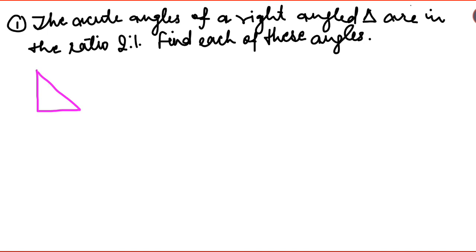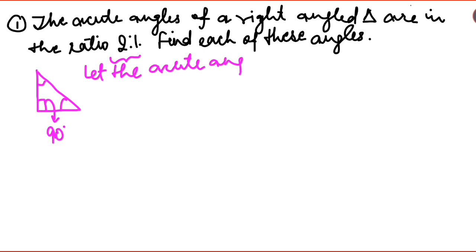Therefore we know that one of the angles of the triangle is obviously 90 degree and the other two angles will be the acute angles, and they are in the ratio 2:1. Let the acute angles be 2x and 1x.